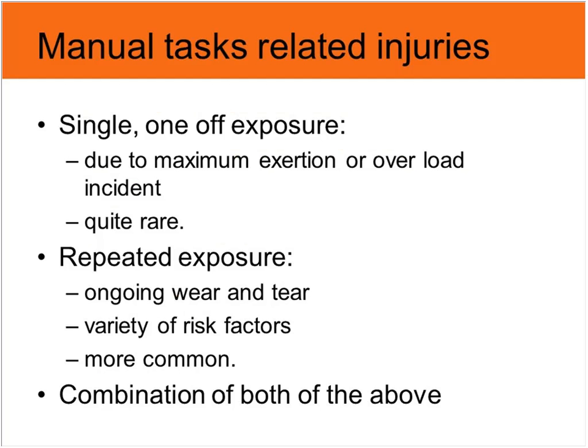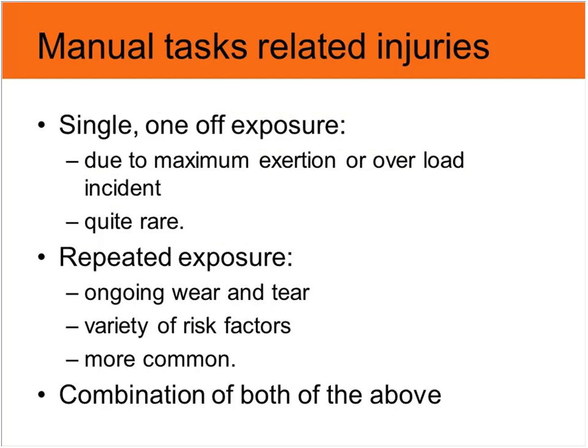So how do your manual task injuries actually occur? Basically, the musculoskeletal structure, so we're talking about your muscles, ligaments, tendons, discs, joints, etc., can become overloaded, and then that can lead to fatigue. Just like any supportive structure, when you have fatigue, that can lead to damage and failure, or in the case of the human body, this would lead to a musculoskeletal injury or a sprain and strain type of injury.